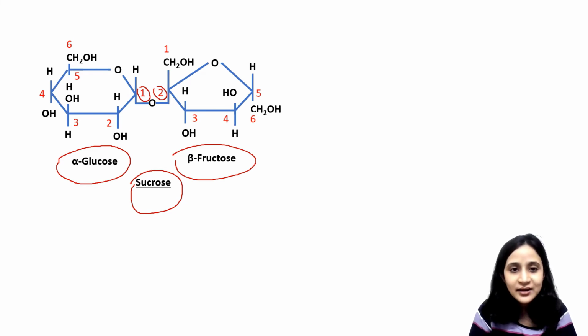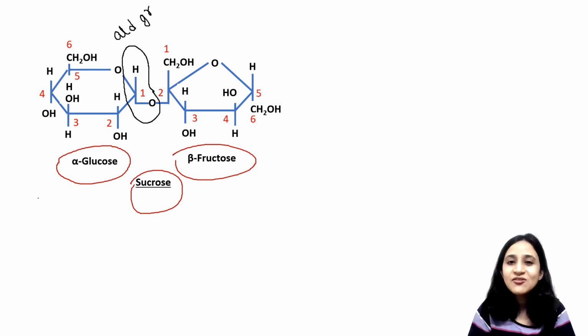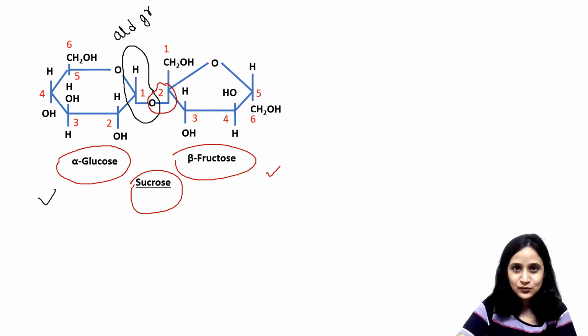aldehyde group, I will erase this thing. Yeah, it will be better to understand. Now, here, this is the aldehyde group of this alpha glucose and the keto group of beta fructose.